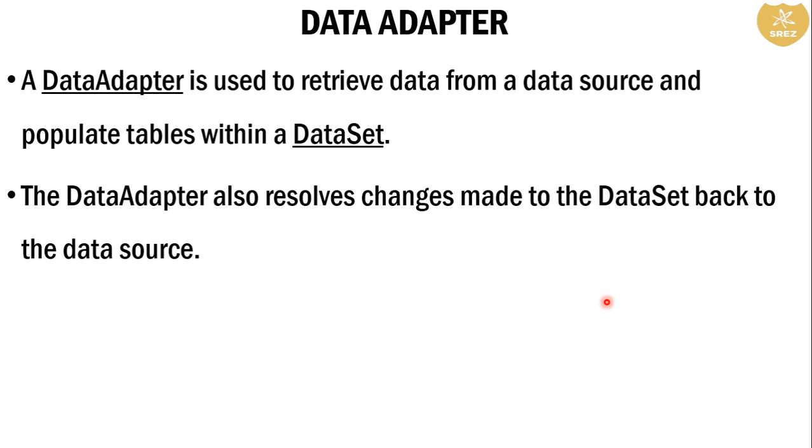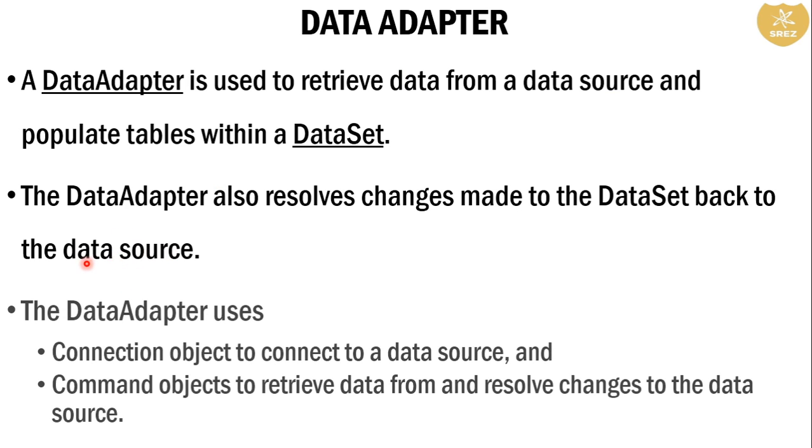So if any change is made in the data set, it is the responsibility of the data adapter to bring back those changes to the original data source. For that, it uses the connection object to connect to the data source and the command object to retrieve data and resolve changes to the data source. So data adapter takes two objects, connection and command.